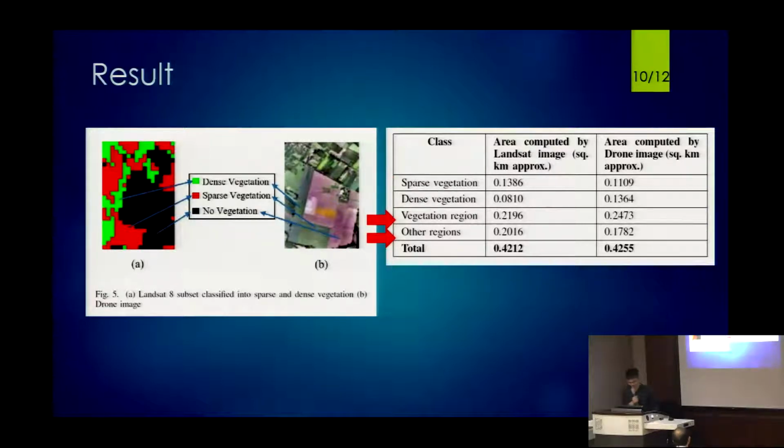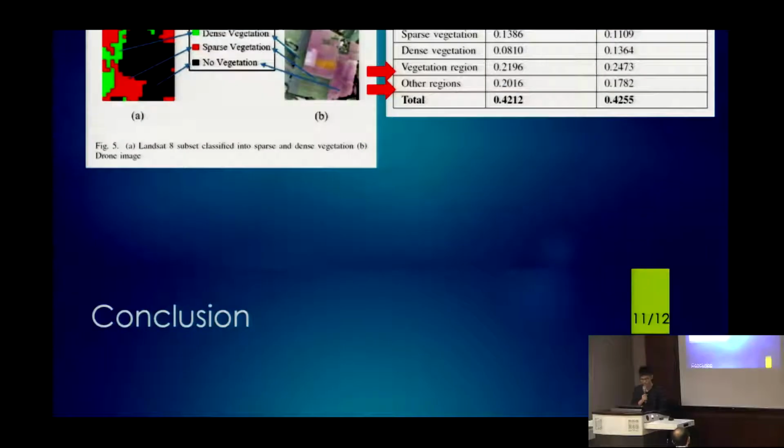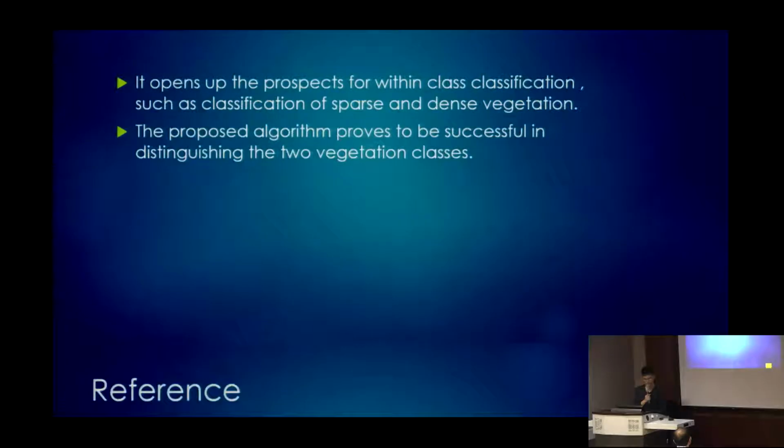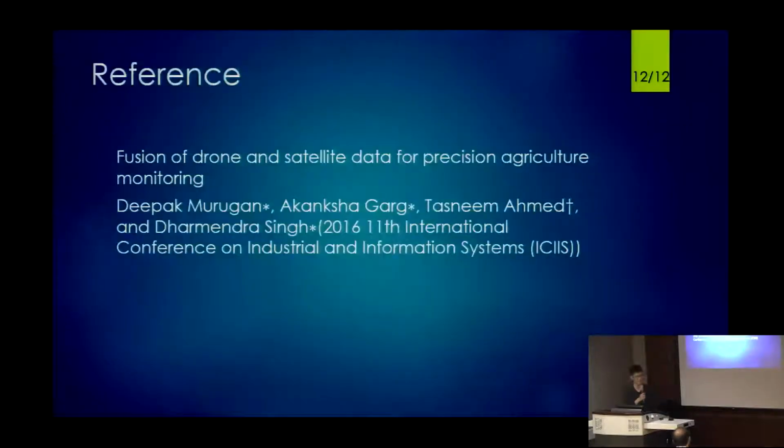And if we see these two, we can find the vegetation area and the other area is precise. So they think this is a good method to classify two vegetation classes, and it opens up a prospect for within-class classification. And okay, this is the reference. Thank you.